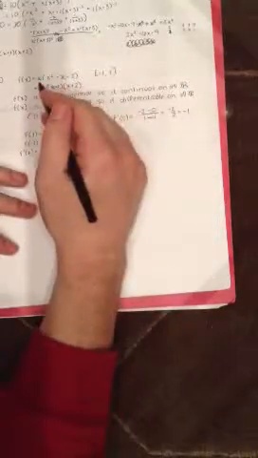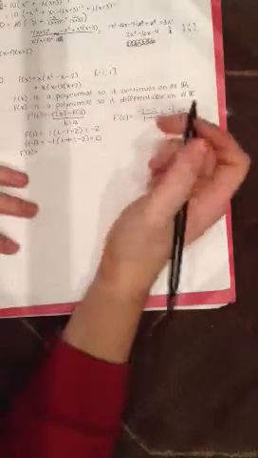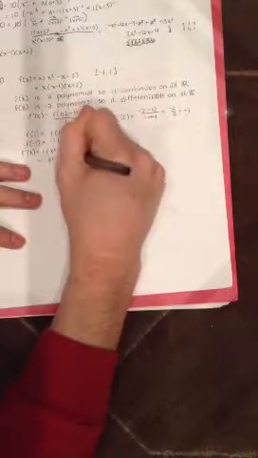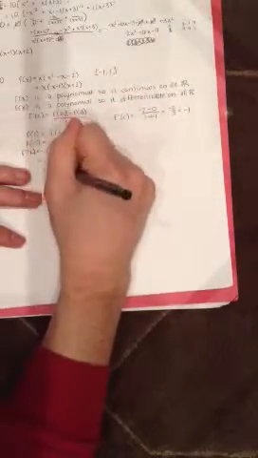So we're going to use the multiplication rule. Okay, so this is our derivative. I'm going to simplify a little bit and combine my like terms.